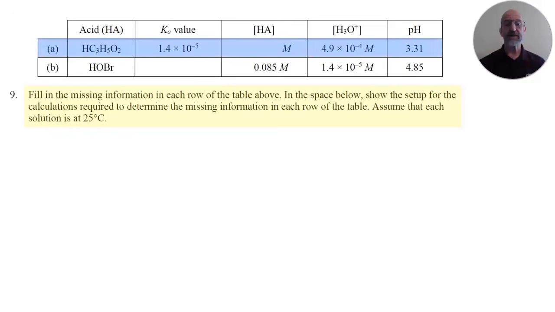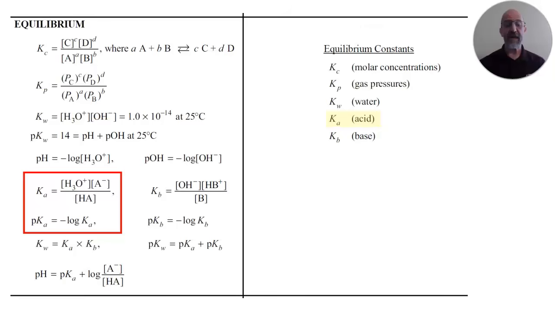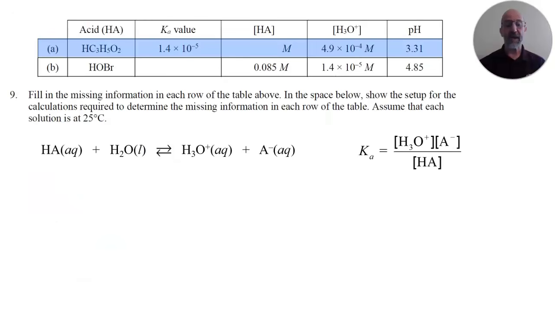So there is in row A only one thing that we don't know, and that is the initial concentration of this weak acid. So there is the Ka expression from the equation sheet. I will show you both the generic formula for a weak acid, which is HA, and then I'll substitute HA for the specific chemical formula, which is HC3H5O2, that is known as propanoic acid.